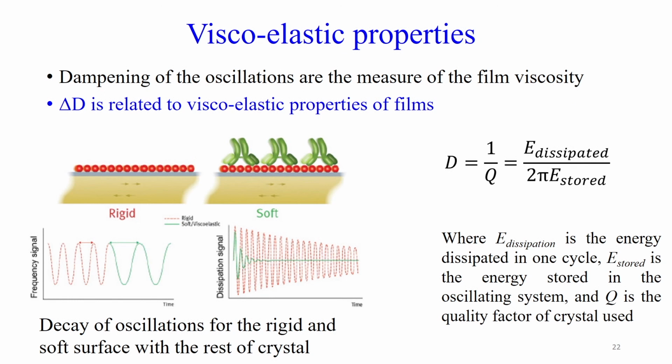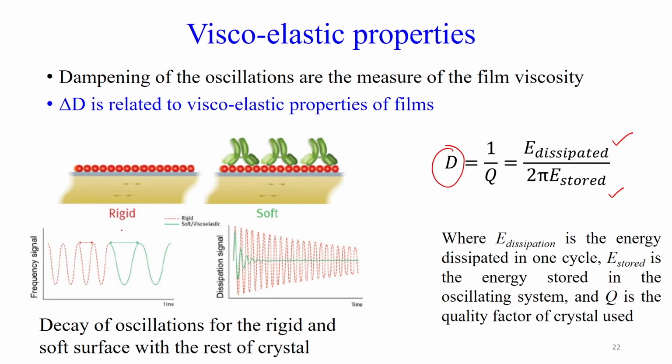As I told, it directly, or in parallel, monitors the dissipation factor. The dissipation factor is defined as the ratio of energy dissipated divided by the energy stored, and that ratio indicates whether it is a rigid layer or a soft layer.